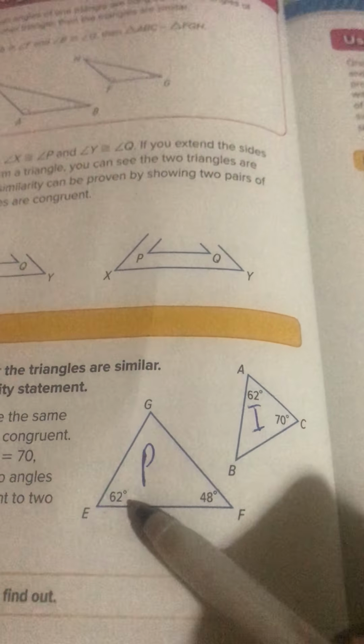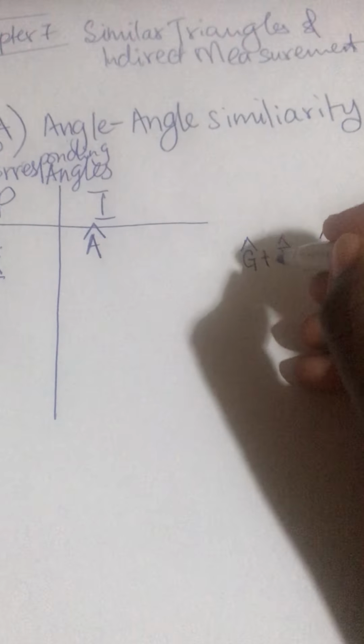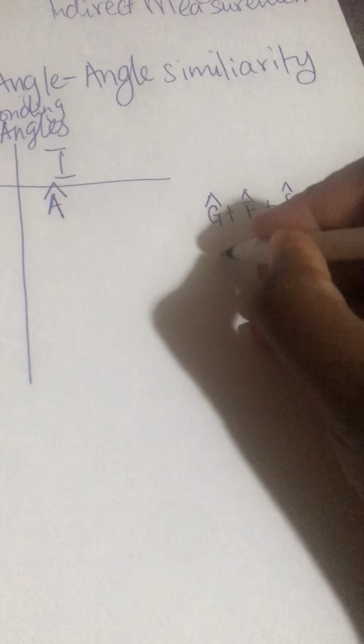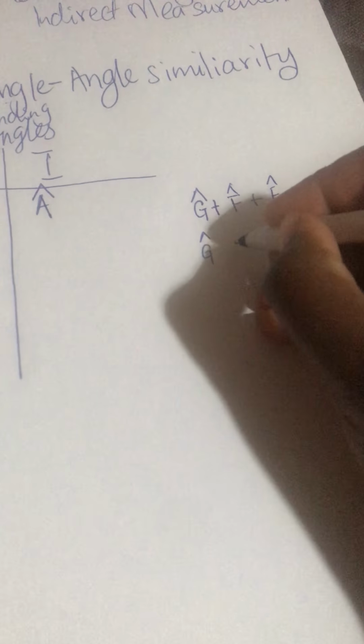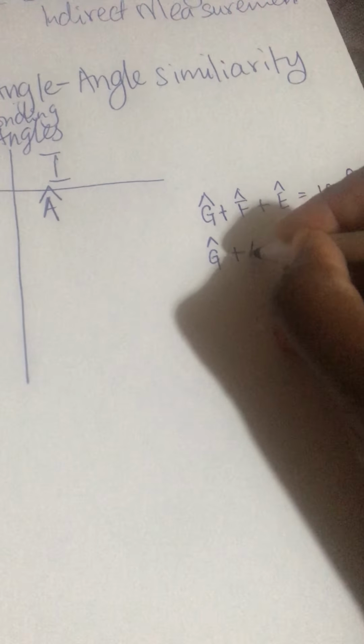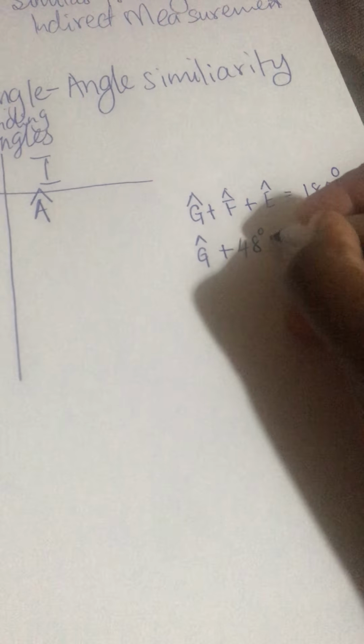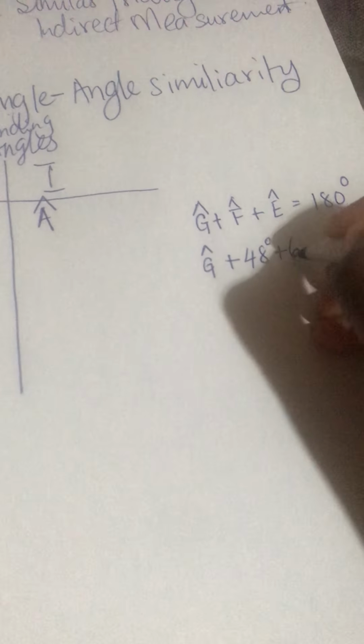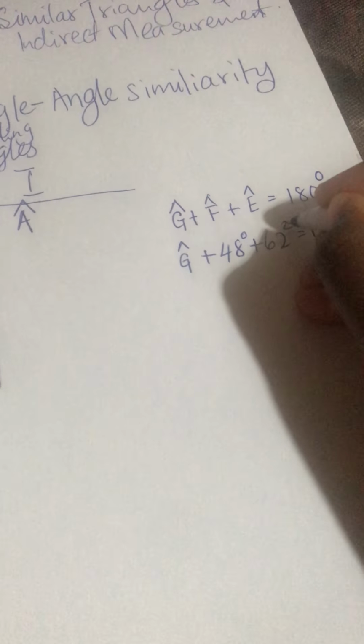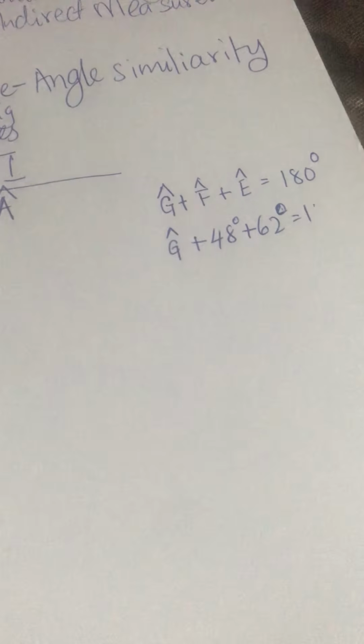Angles in a triangle should add up to 180 degrees. Angle G, I don't know. Angle F is 48 degrees. Angle E is 62 degrees, equals 180.